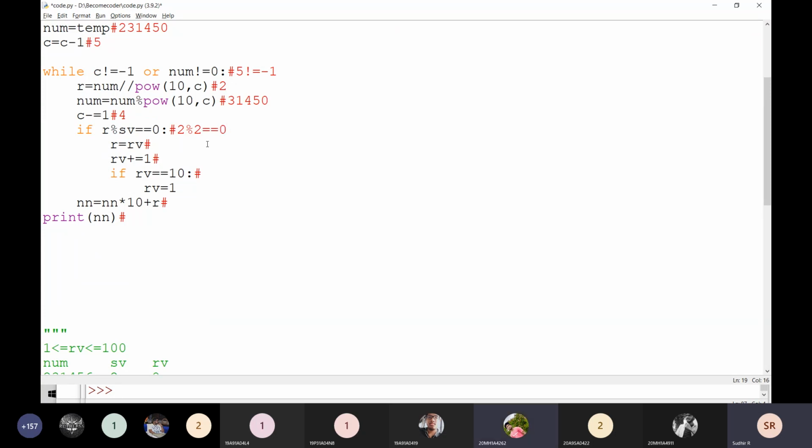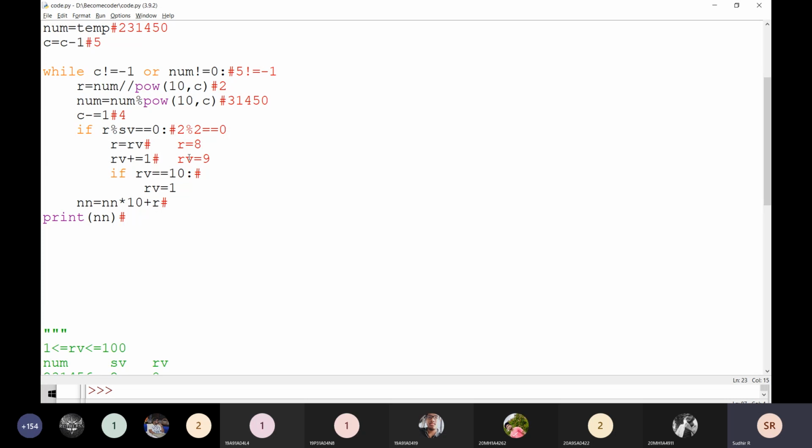Then I am going to replace R value with 8 here. Then R value becomes 8. Then RV becomes 9. Why am I turning it into 9? I am going to increment the value of RV for replacing the next value, so RV is equal to 9. Then coming here, now I'm going to check is RV 10? No, RV is not 10.